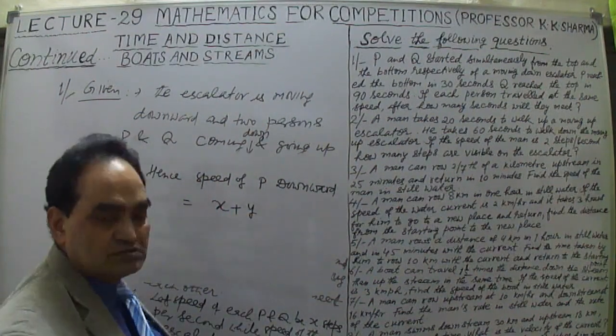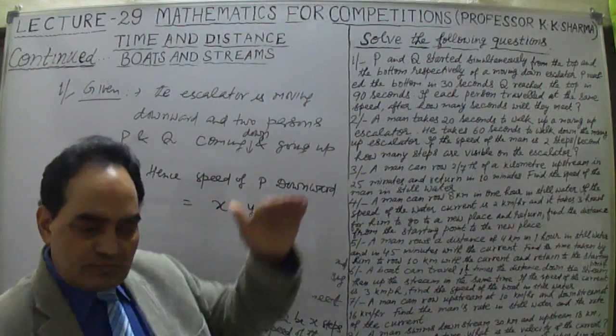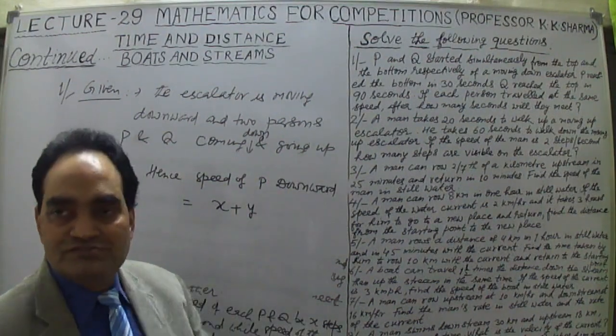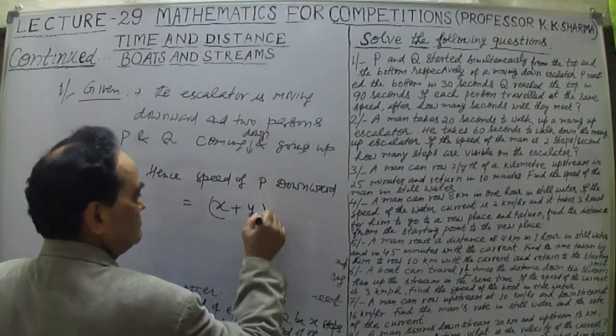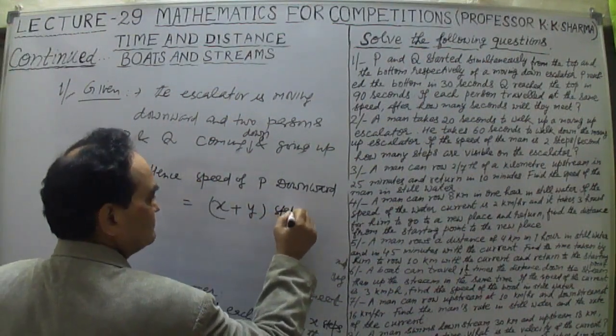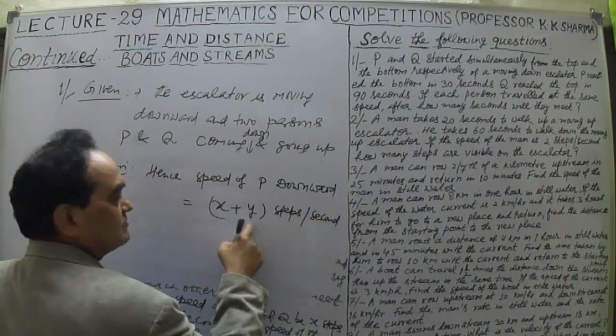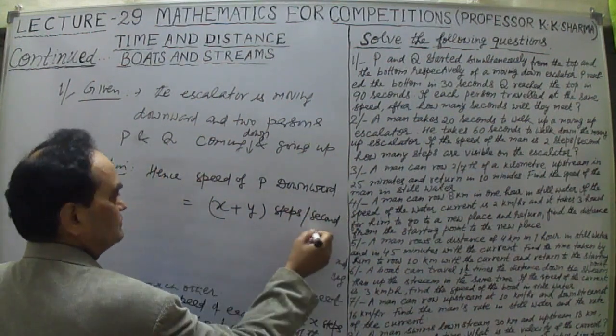Try to understand why: because P is coming along with the speed of the escalator, since the escalator is moving downwards. This is in steps per second. This is the first equation.